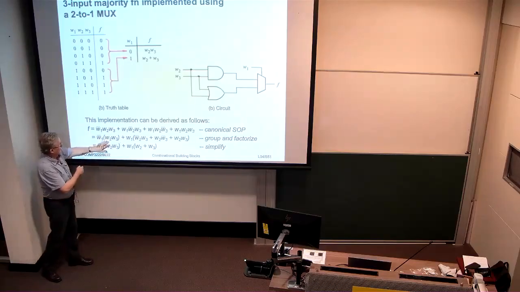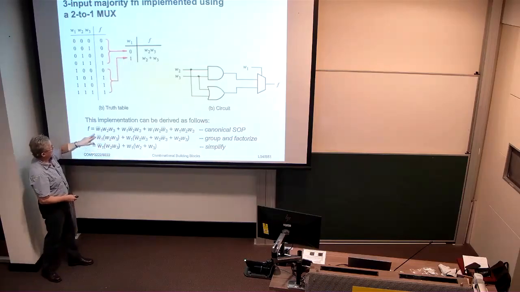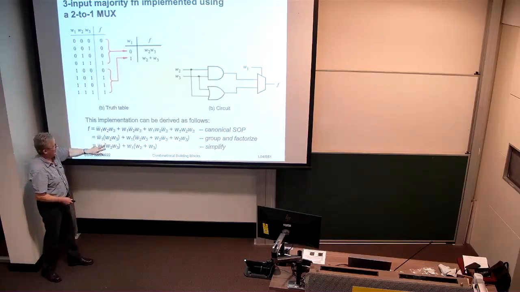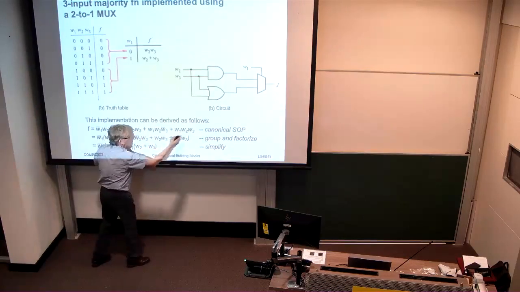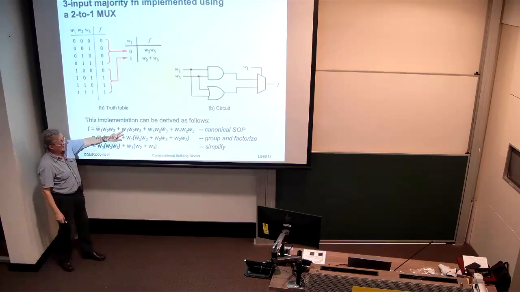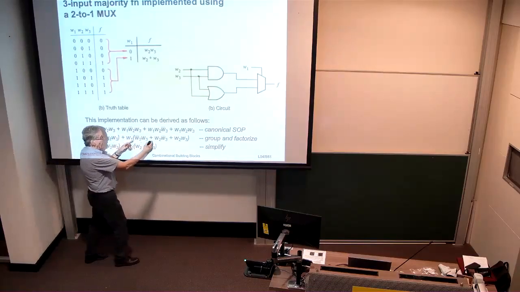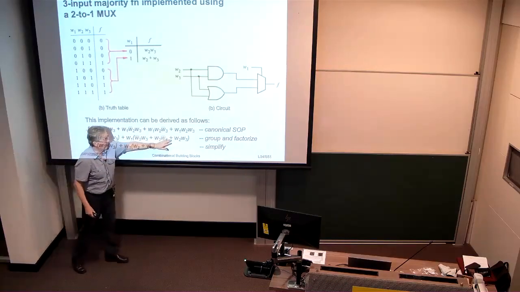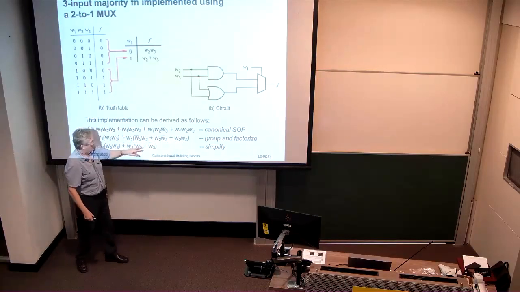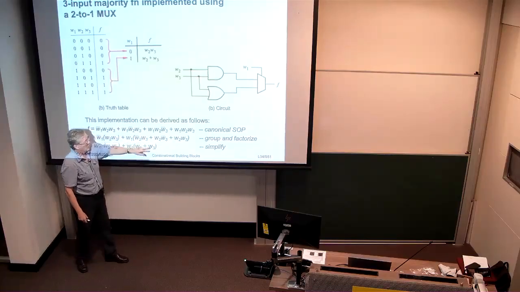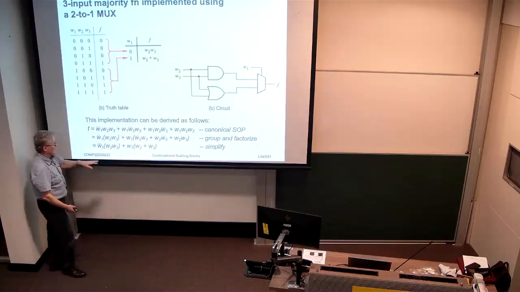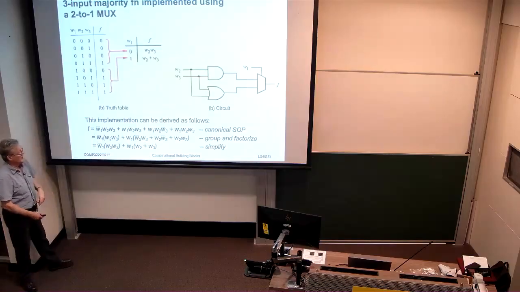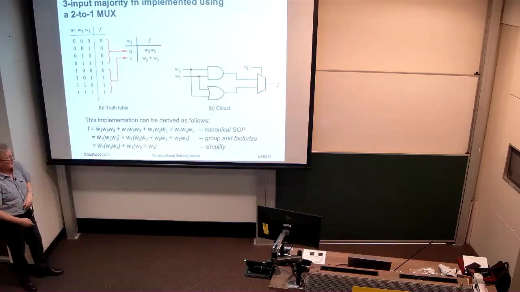We then get the only term that has not W1 in it is the first one, so we're left with the residual of W2, W3, whereas the other 3 SOP terms all contain W1, so if we factorize out the W1, we're left with the residual, not W2, W3, etc., which of course can be simplified because we can combine W2, W3 with each one of these 2 terms in order to simplify it just down to W2 or W3. Okay, so that's the resulting function, and of course that's exactly what's implemented up here.